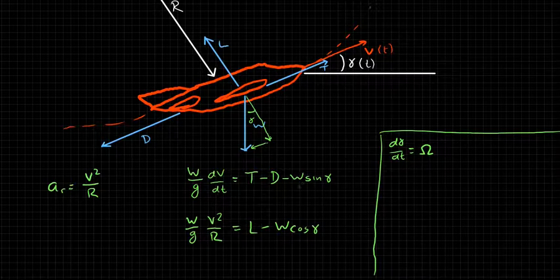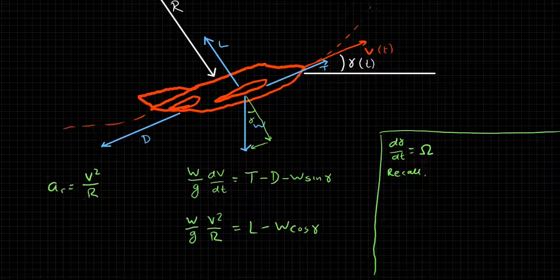All right, so let's recall from our dynamics class, which hopefully you've had, we can relate the radius of curvature with the arc length, which is the distance traveled along the arc here, to the rotation angle.